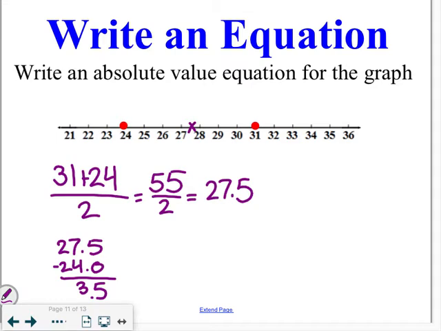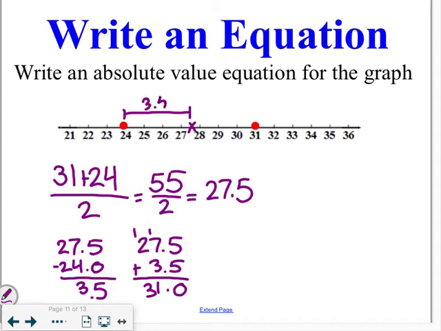I can double check that by then doing 27.5 plus 3.5, and that should give me my other answer, which it does. So our distance between the points is 3.5 on both sides.